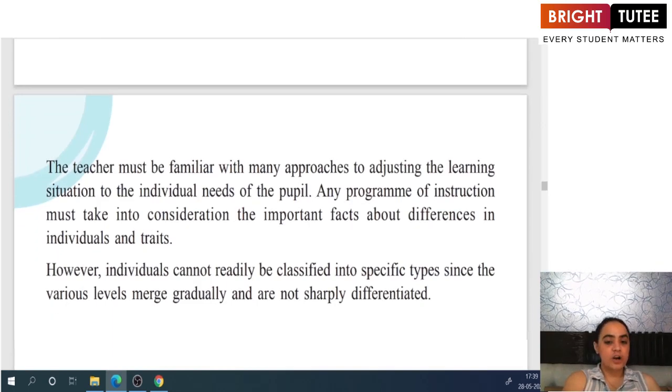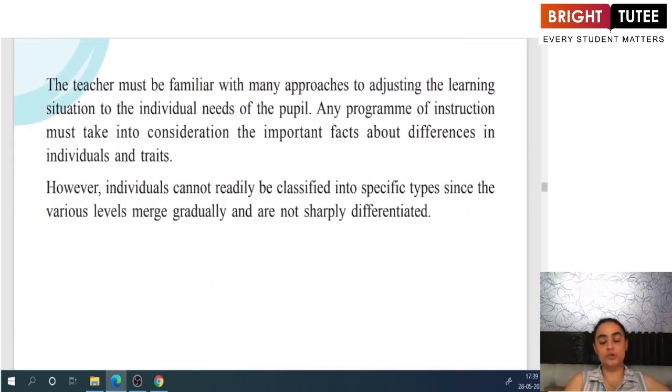Now, the teacher must also be familiar with all the approaches that can be used by her in order to ensure that the maximum learning reaches the pupil. Whatever instruction mode, whatever program she wants to consider, she can.